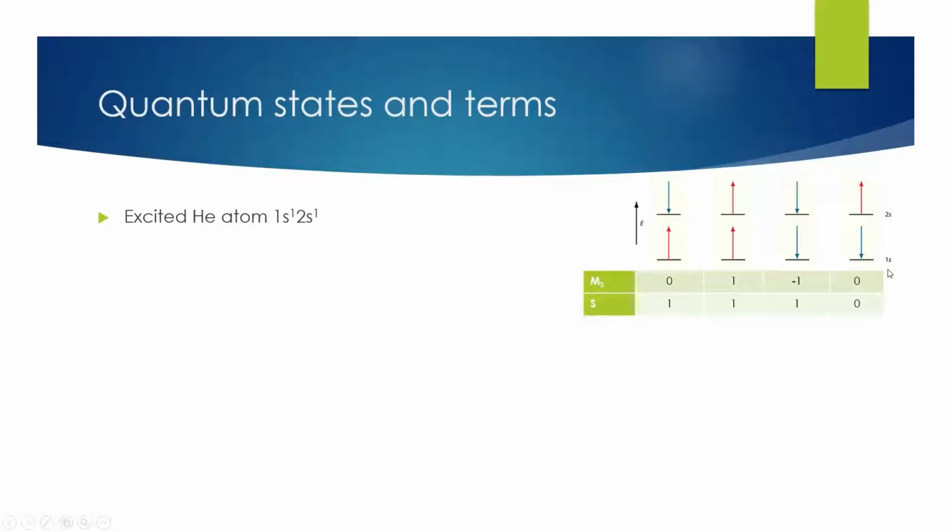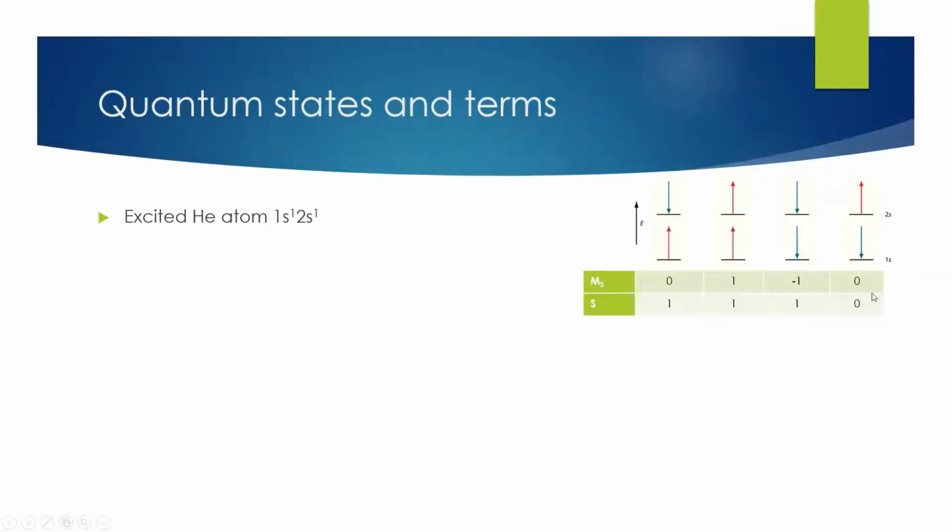Now, what can we say about the quantum number S? Well, remember that this S and L are angular momentum operators. So if we have an M sub S that is minus 1, 0, and 1, that is consistent with the state that has a capital S of 1, because the M sub S is going to go from minus S to S in integer steps. So these three states here are consistent with having an S of 1.